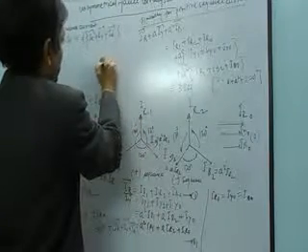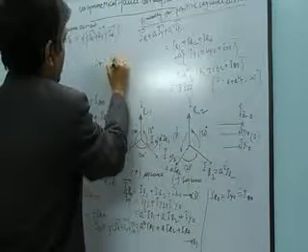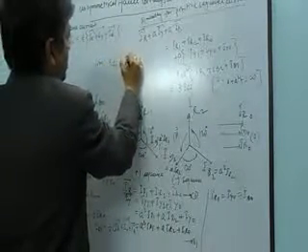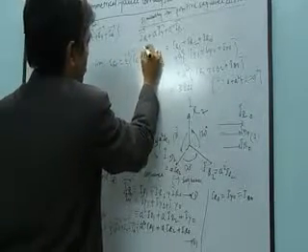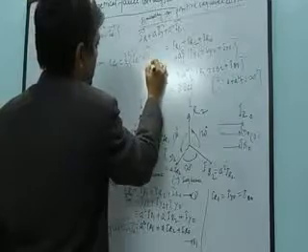Now IR1 equal to 1/3 of IR plus A IY plus A square IB.